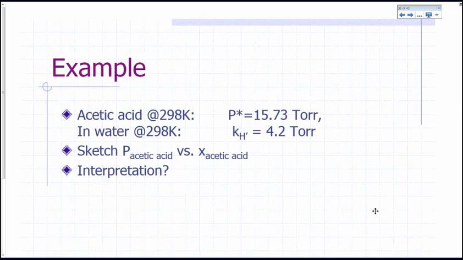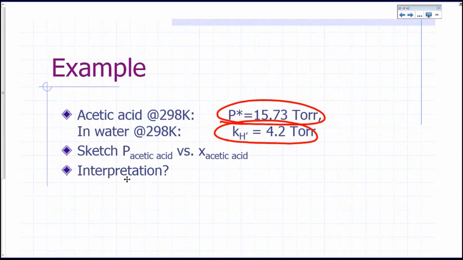Pure acetic acid liquid will have a vapor pressure of 15.73 torr at room temperature, 298 Kelvin. But if you were to dissolve acetic acid in water, the Henry's law constant for acetic acid will only be 4.2 torr.